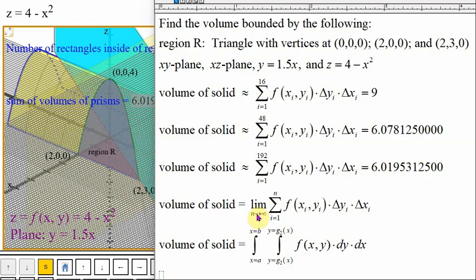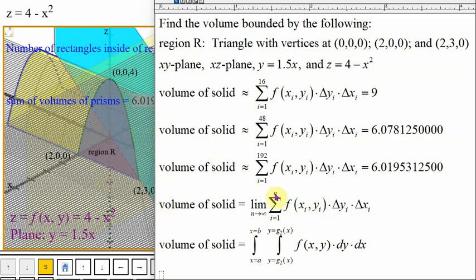And so delta y here would be the length of the width of the rectangle along the y-axis, and then delta x would be the width of the rectangle along the x-axis. And then f of x sub i, y sub j is the height of the rectangular prism.